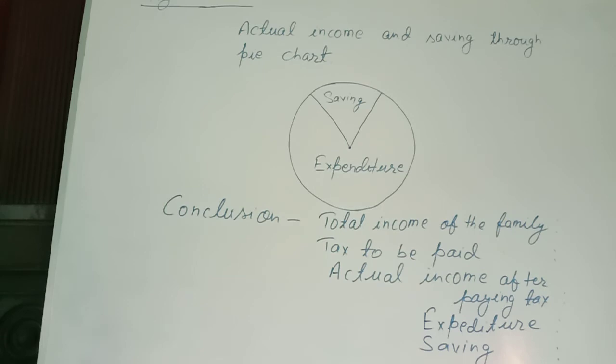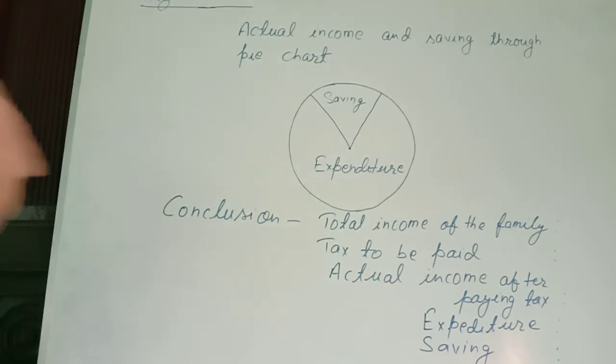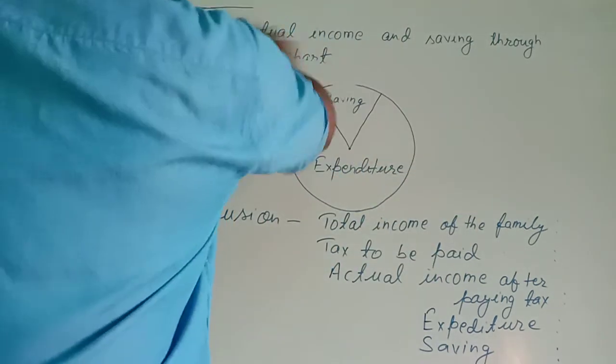If you get space in the page in which you have drawn the pie chart of annual income, actual income and saving, you write the conclusion on that same page, or otherwise you use another page. And after writing this much, you write the bibliography. What is this bibliography?